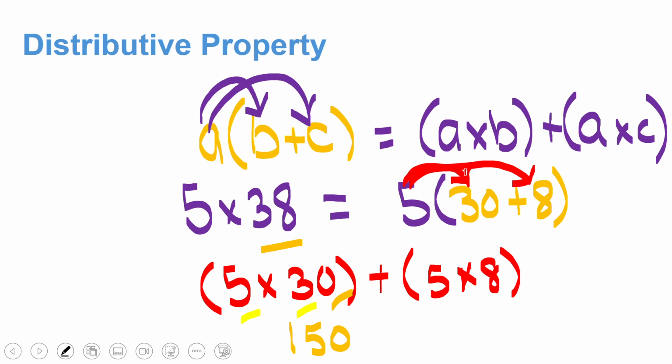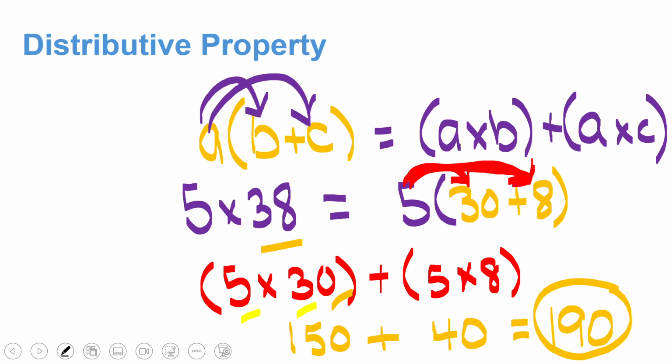So that's because we're taking 5 times 8 here. I wrote a plus sign, but it is a multiplication sign. Okay, we're going to add 5 times 8 at 40 after mental mathing our 5 times 30, and we would have 190 for our final answer.